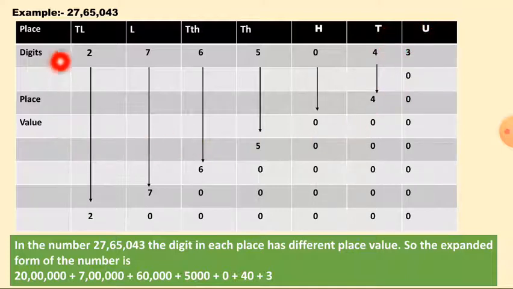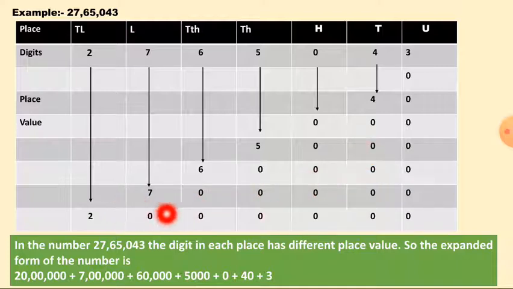Then students, below the digit write place value and write as I have shown on the screen. See, below 3 write 0, then next leave one line, write 4 and you have to draw this arrow also. Draw this column as I have shown in the picture.